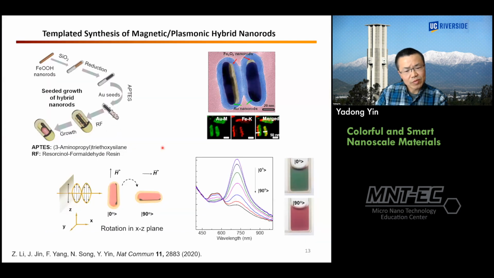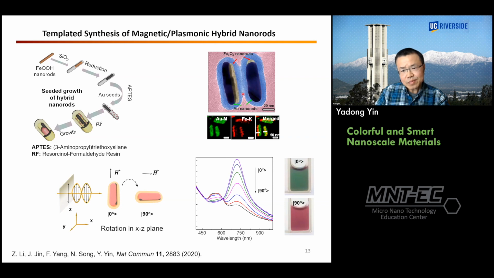And very recently, we started to make quite complicated nanostructures incorporating magnetic and plasmonic components. In this case, you don't have to worry about the synthesis step. Just look at the final product: we have gold nanorods, this is the red one. We have iron oxide magnetic nanorods parallel to each other.